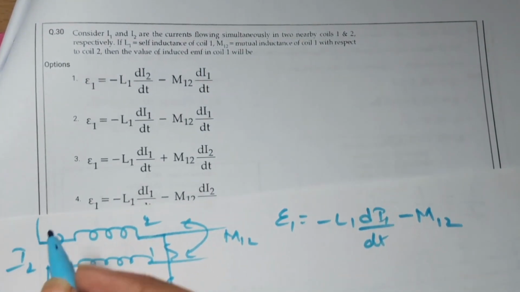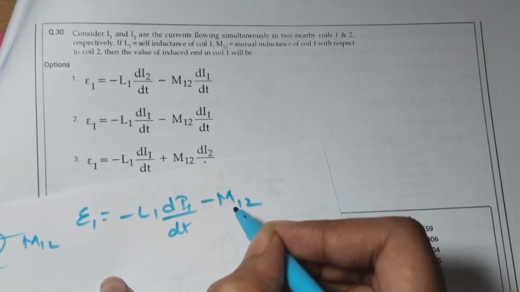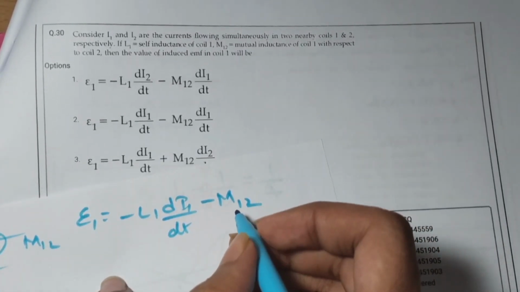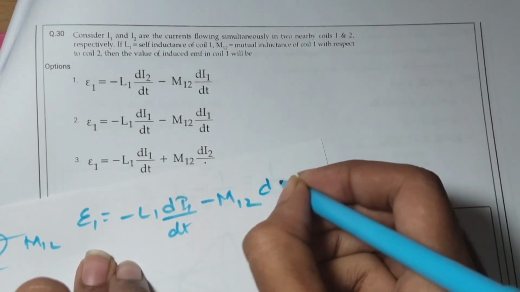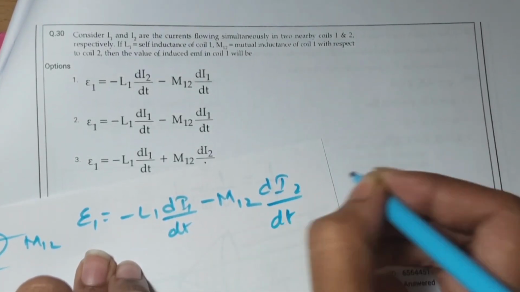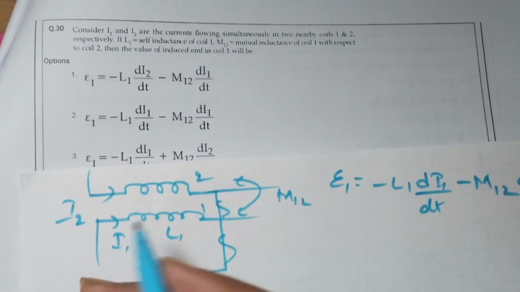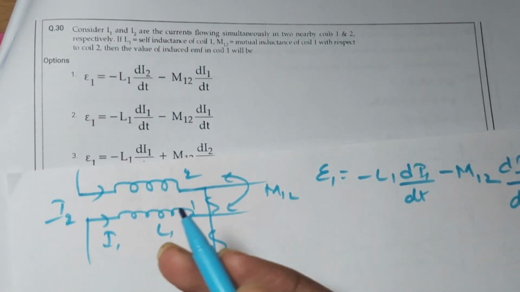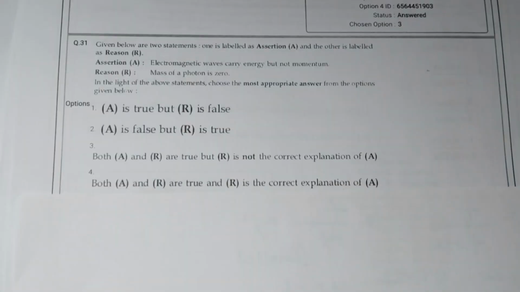You should take I2 because you have already taken mutual inductance of coil 1 with respect to coil 2. So M12 di2 by dt, because the current flowing in coil 2 is I2. So the option will be option number 4.